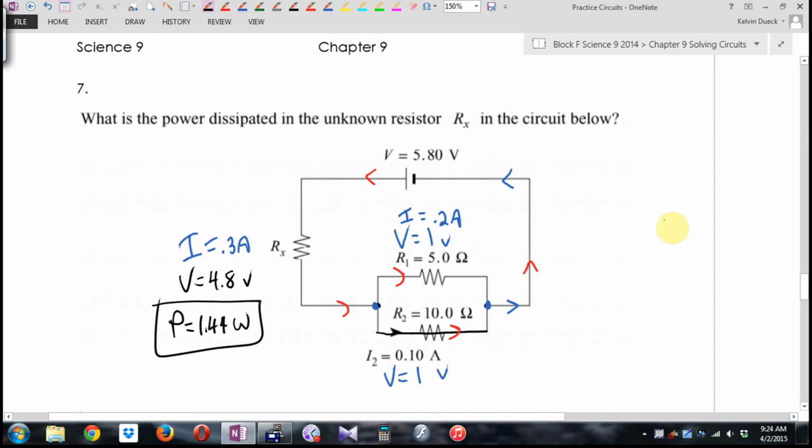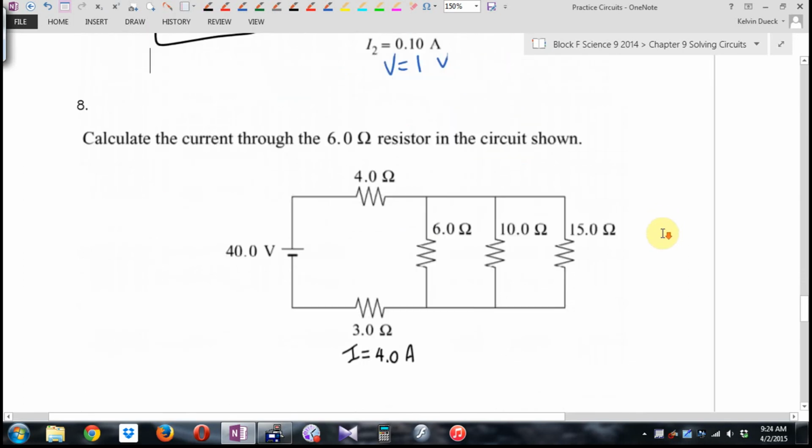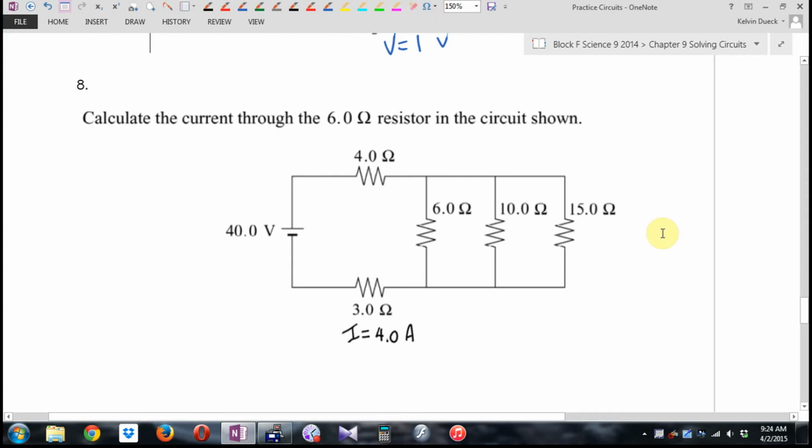Is that all right? Let's do number 8 together. Downhill. Downhill. Downhill, downhill, downhill. But it splits up into 3 ways this time.